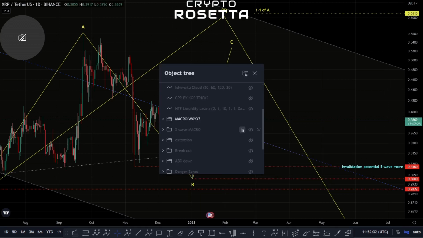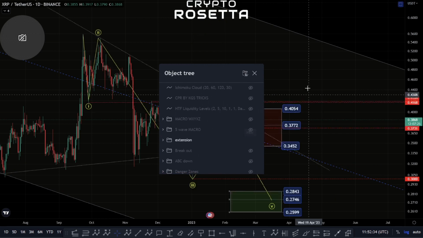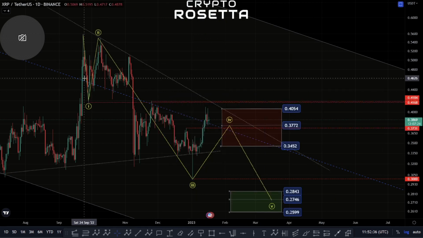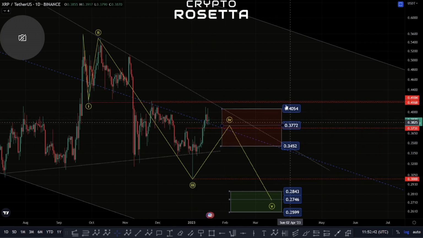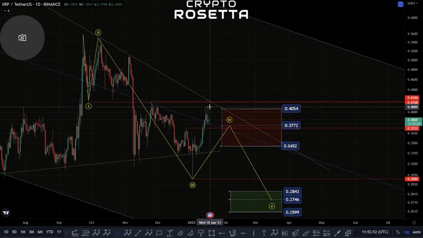However, we also could be doing, if I do have a look at this, I don't really like this count as much, but it is still technically possible. We could actually have a 4th wave playing out here, and this is the zone we're looking to target with this 4th wave. The thing is, I wouldn't want this structure to be a zigzag like it is now.